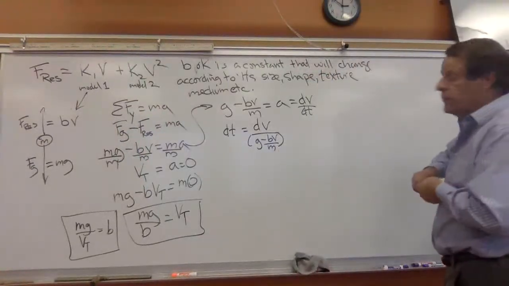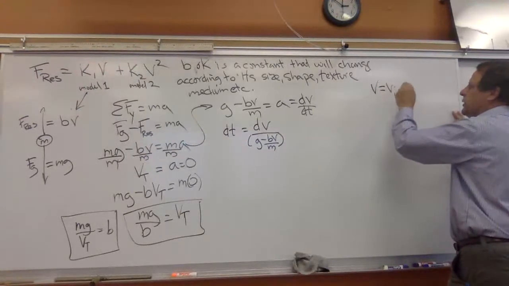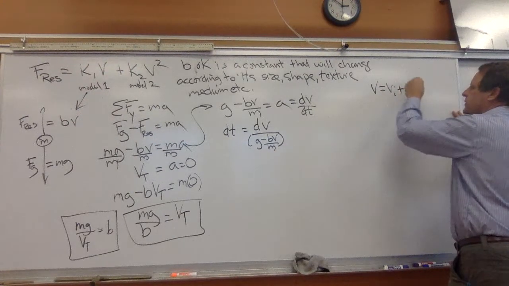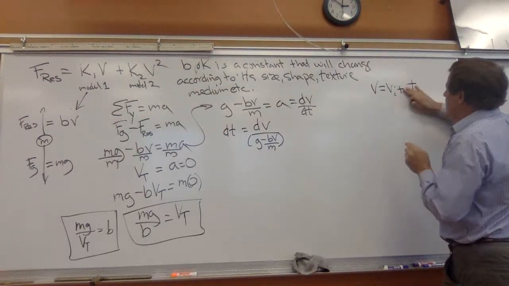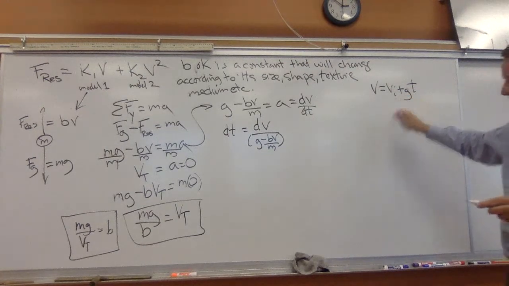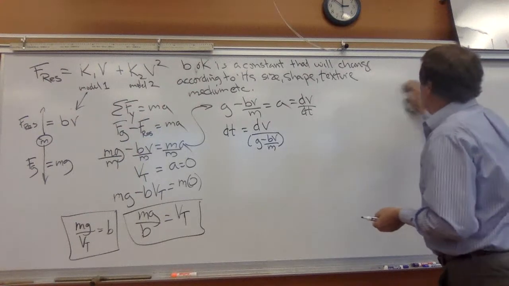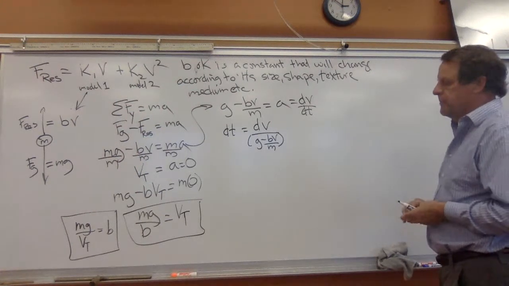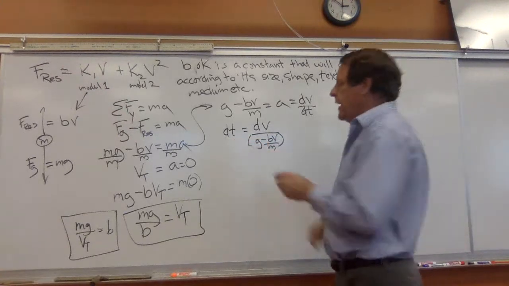And if we ignore air resistance, for example, we could have something like velocity is equal to initial velocity plus at. And if we dropped it straight down, ignoring air resistance, then we would get this equation. So that's really what we're after here. Now, remember, this is the differential of time.